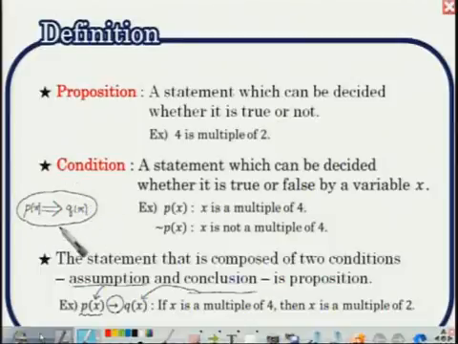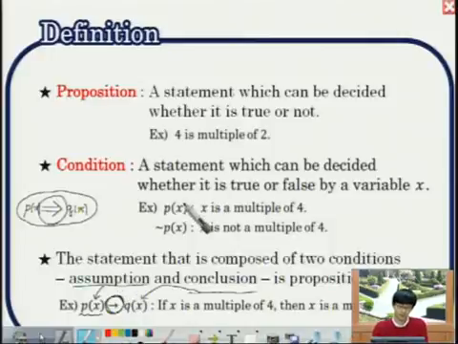You got it? So when the proposition is true, you write this double dash arrow, and the single dash arrow means that you don't know whether it is true or false. Okay?